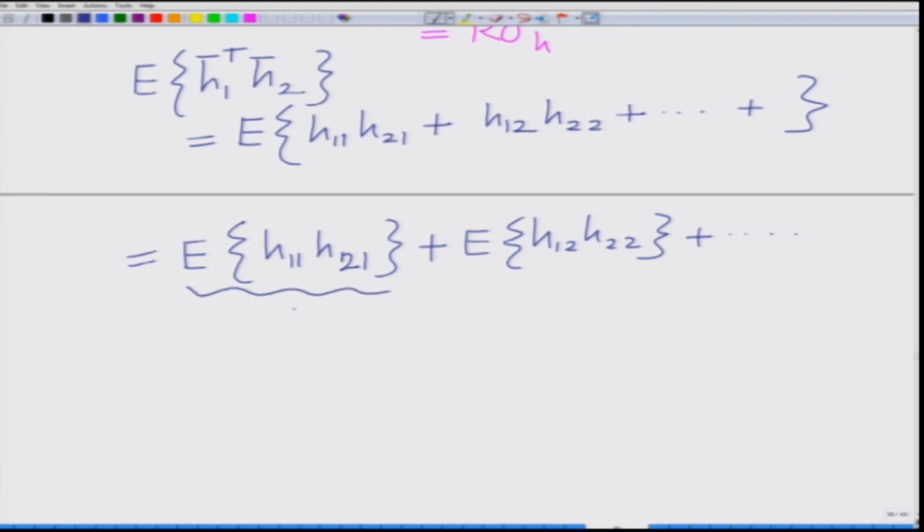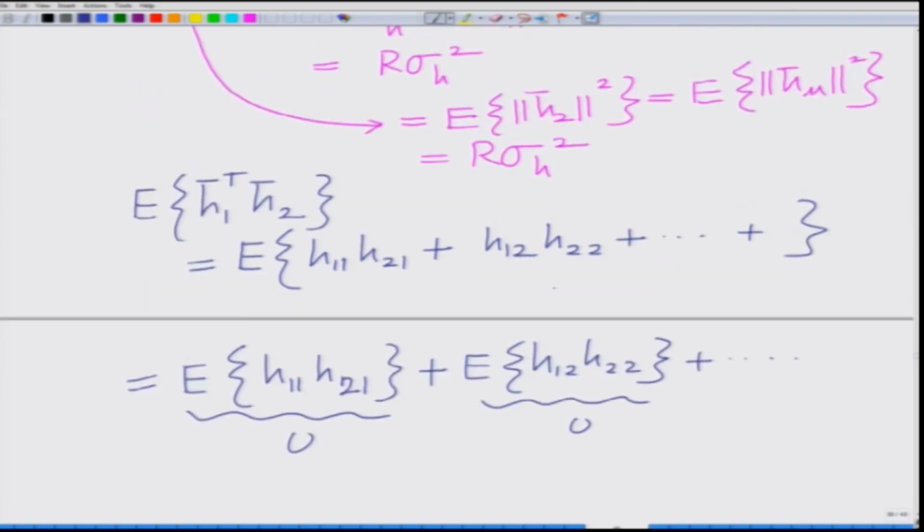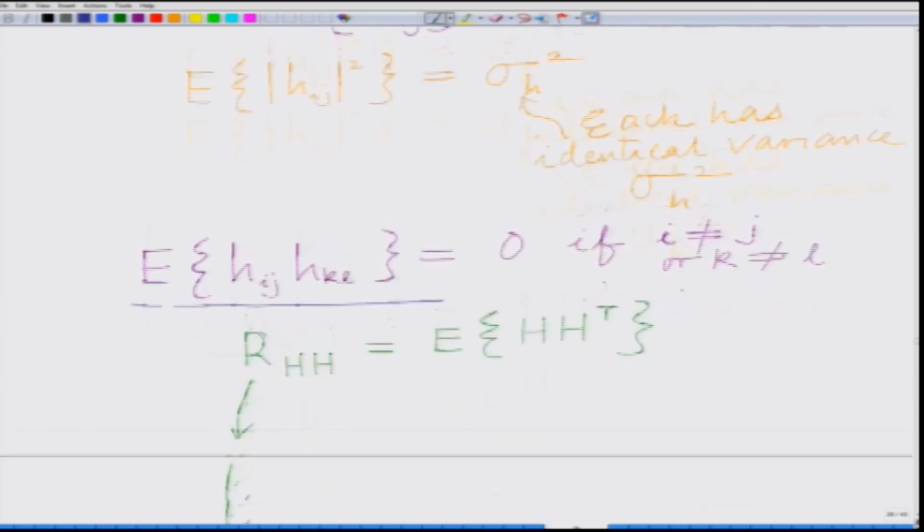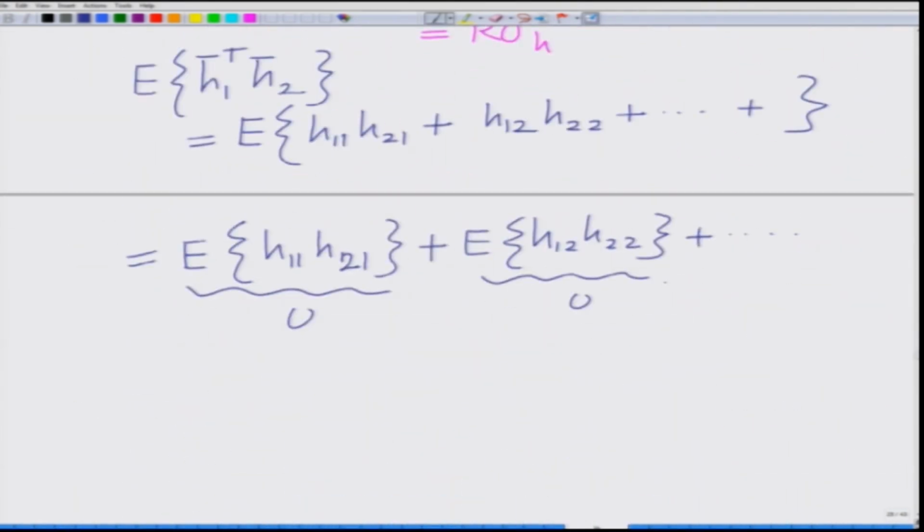Each of these quantities is equal to 0, where we are using independence, which leads to uncorrelated, that is expected value of H_ij times H_kl equals 0 if i is not equal to k or j is not equal to l. Therefore, all these terms are 0.